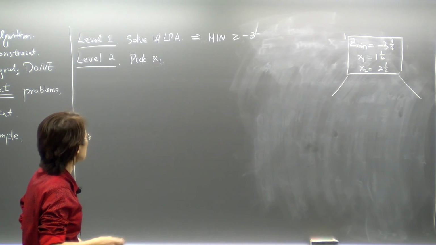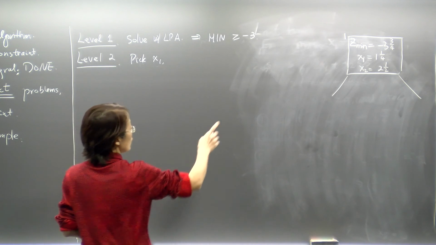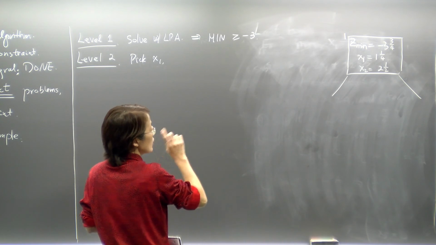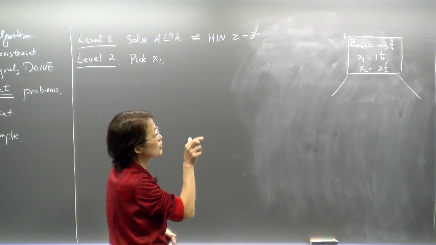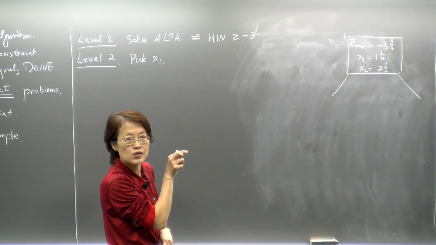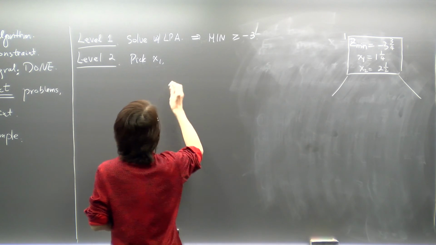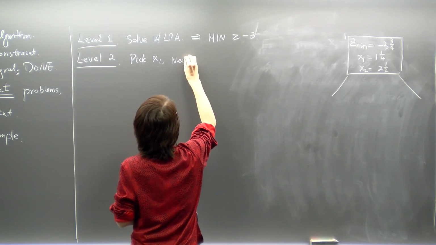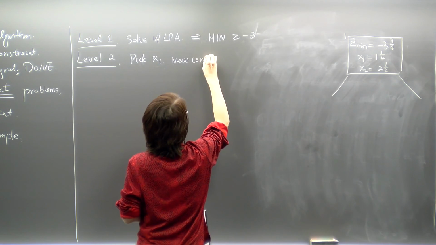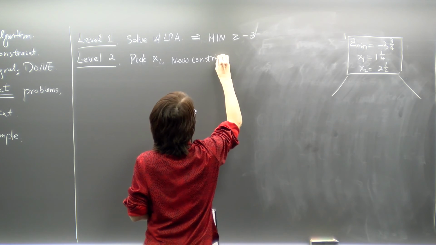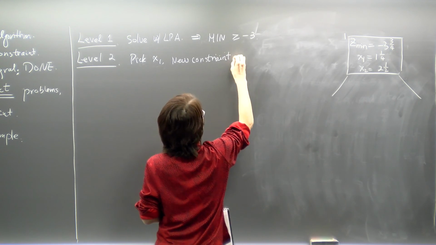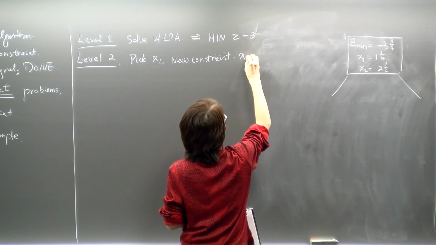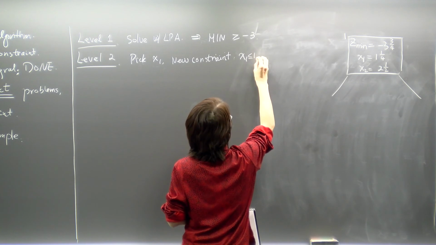I could pick x2, it doesn't matter. And then I see x1 lies between 1 and 2. Those are the 2 nearby integers for that answer. Is that right? So I will form 2 new constraints by exactly going around that. So one would be x1 shall be less than or equal to 1.